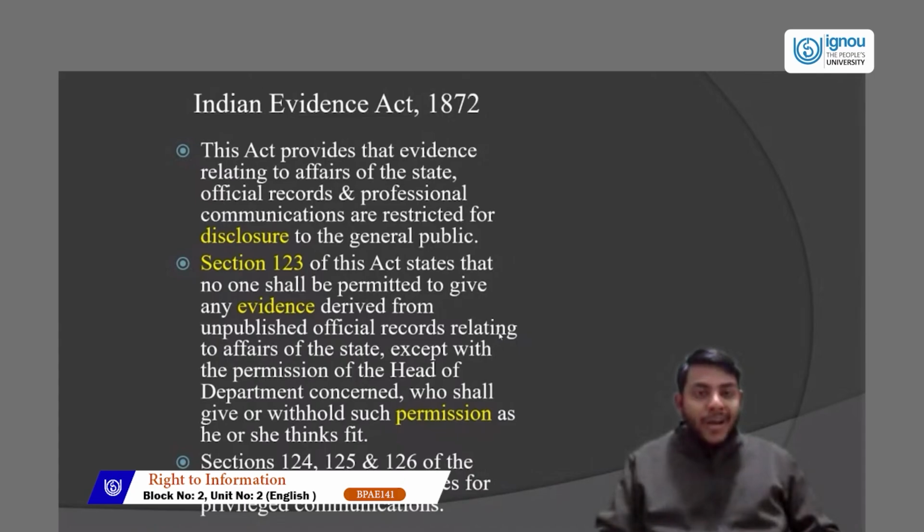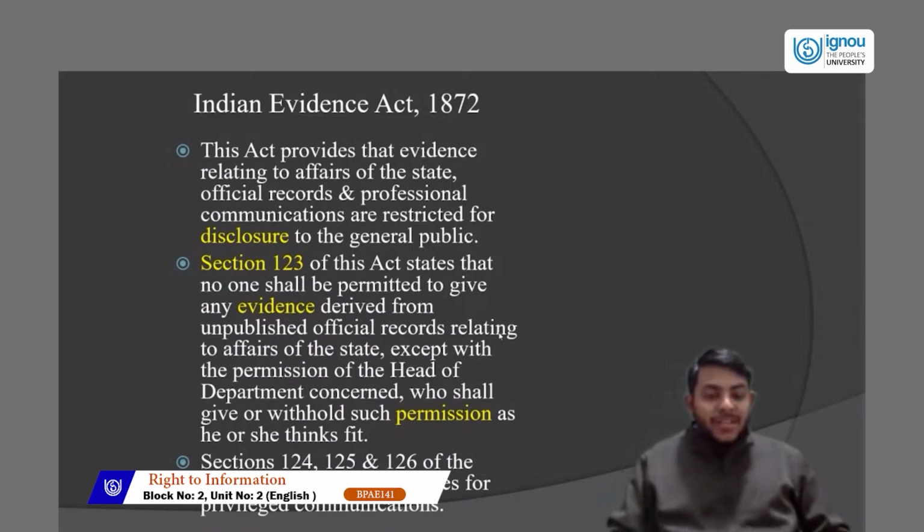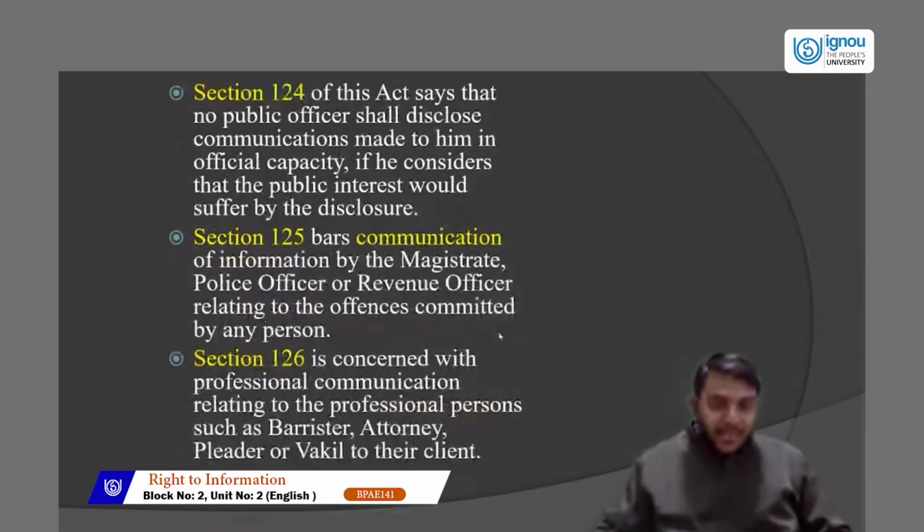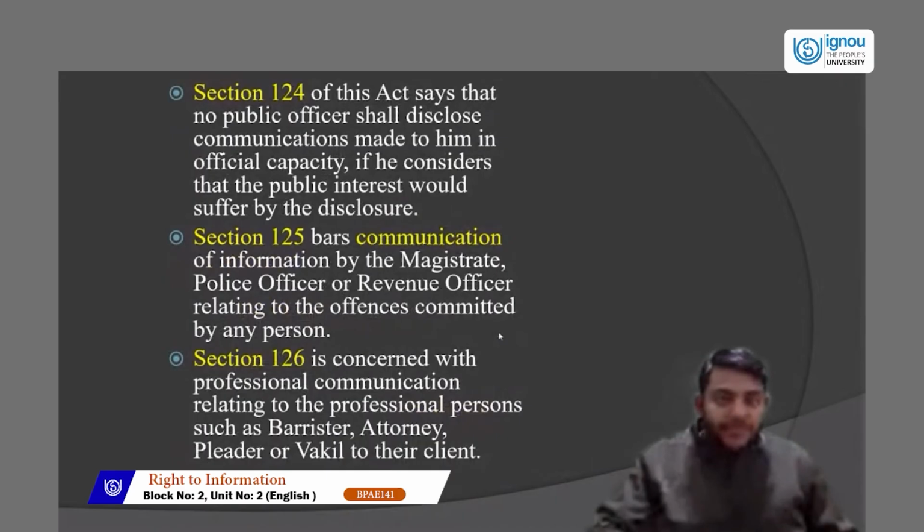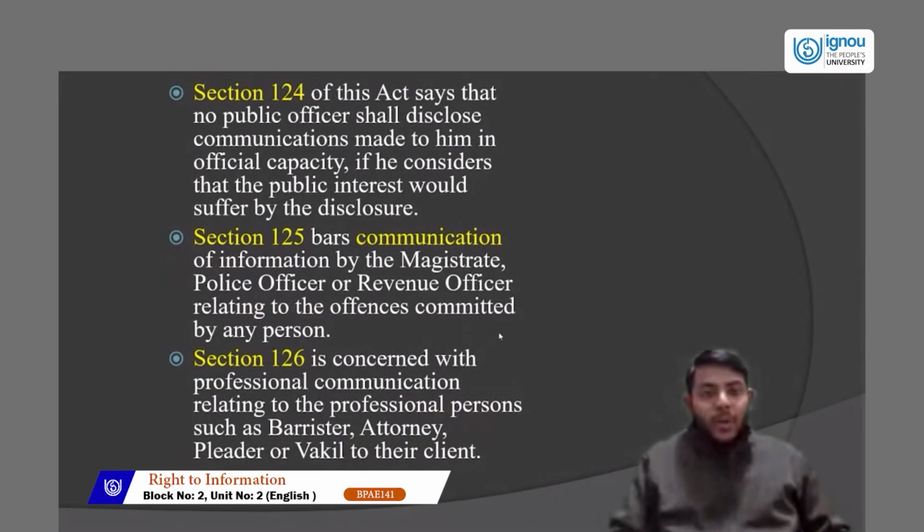Sections 124, 125 and 126 of this Indian Evidence Act of 1872 provide for privileged communication as well. Section 124 says that no public officer shall disclose communications made to him in official capacity if he considers that the public interest would suffer by this disclosure.